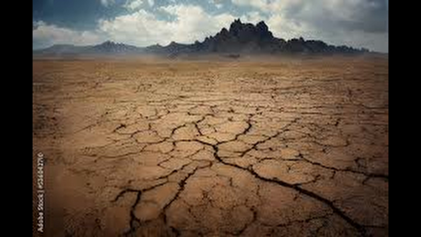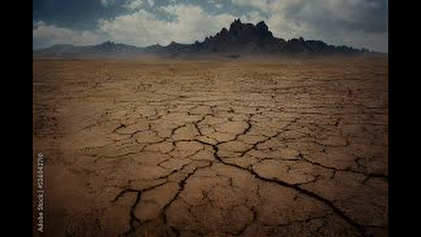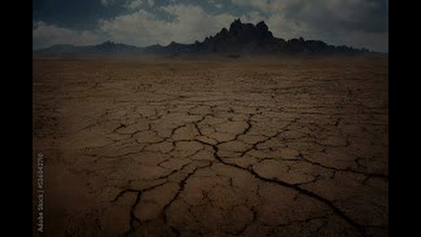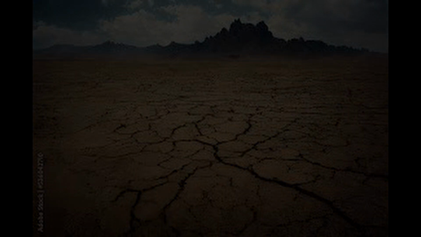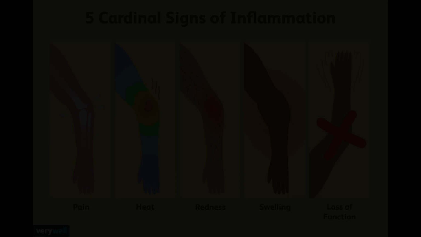And so this cracking that you see in kind of a desert climate is very similar to the cracking that you're going to see on the tongue when there's an absence of the moisture in the body from all of this heat, just like in a desert.